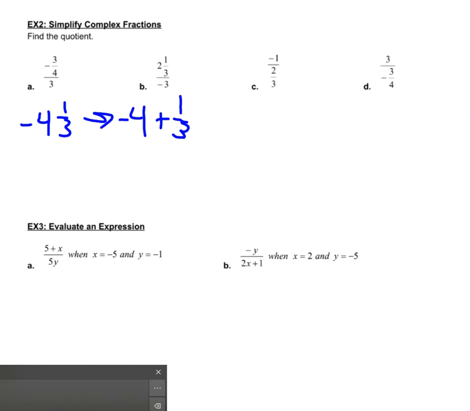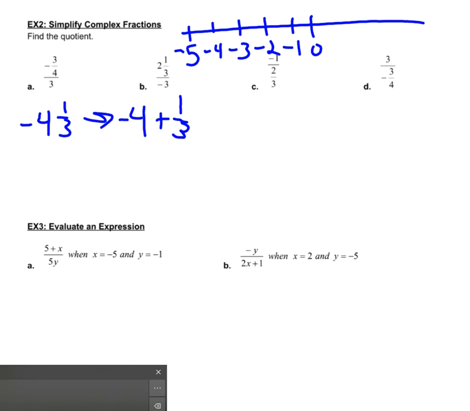But let's look at our number line. Here's 0, negative 1, negative 2, negative 3, negative 4, negative 5. So negative 4 and 1/3, that means starting at negative 4, we're going to go 1/3 more into the negatives, right?